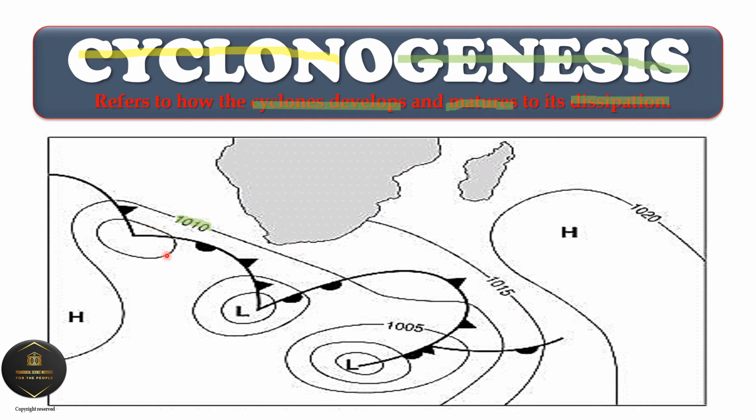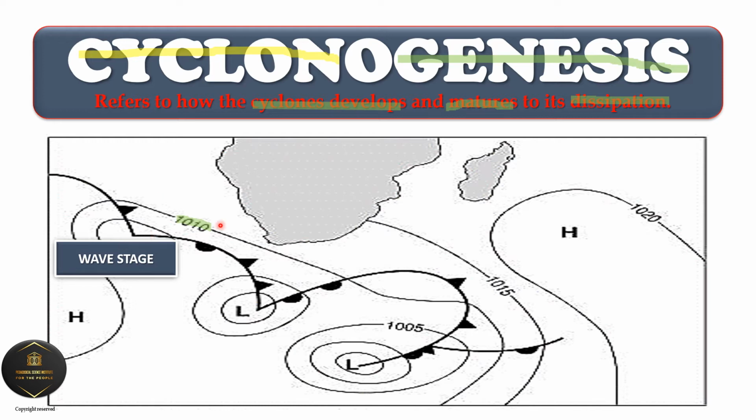That's the isobaric interval that we have there. And since the isobaric interval is a bit high, it means that we don't have an extensive low pressure, which means the system is not well developed over there. So the stage of formation it is at is known as the wave stage. It's at the wave stage or the developmental stage.